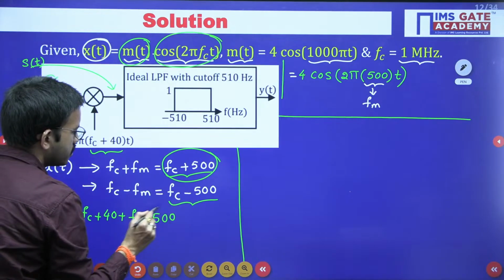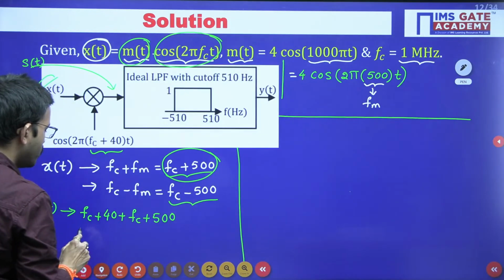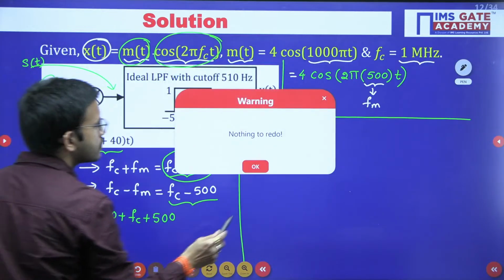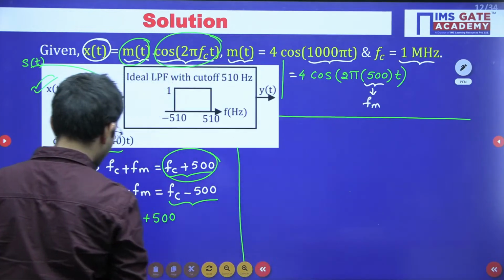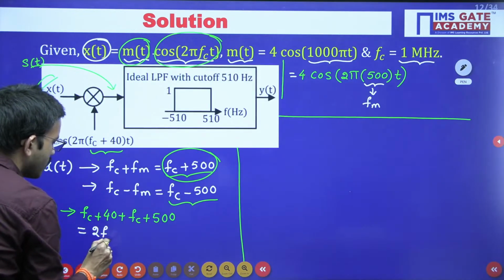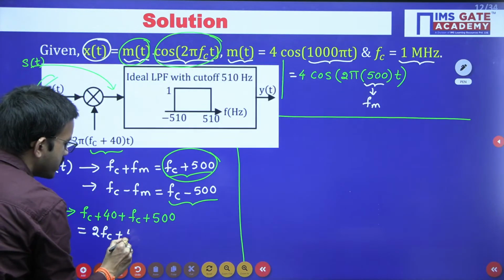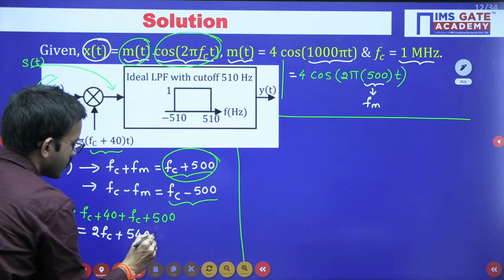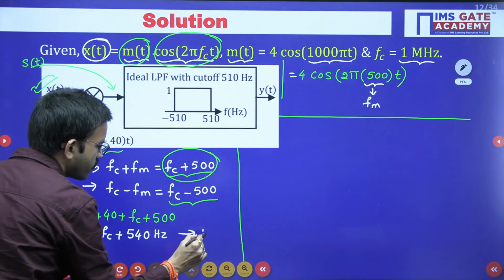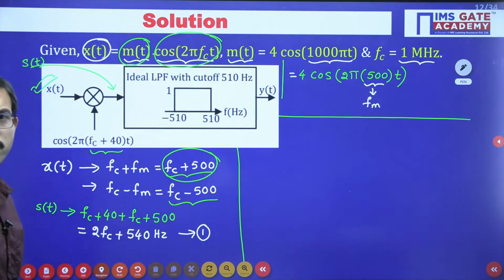So from here we get fc plus fc is 2fc, then 40 plus 500, that is 540 Hz. So this is the first frequency.